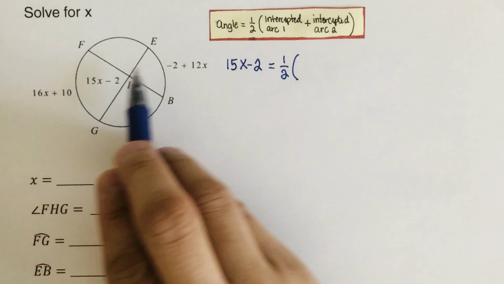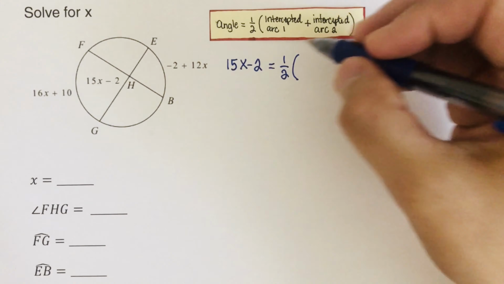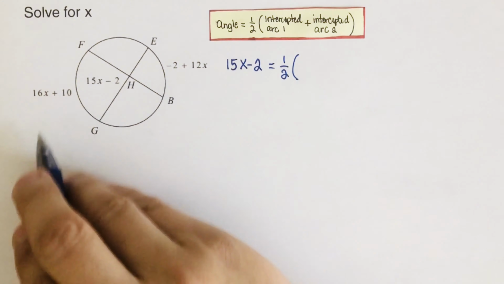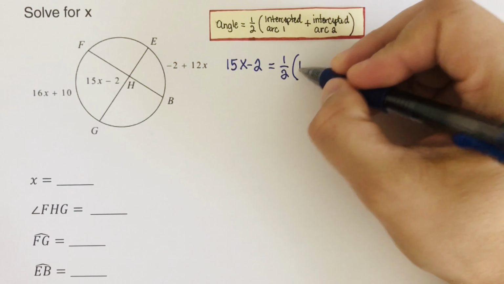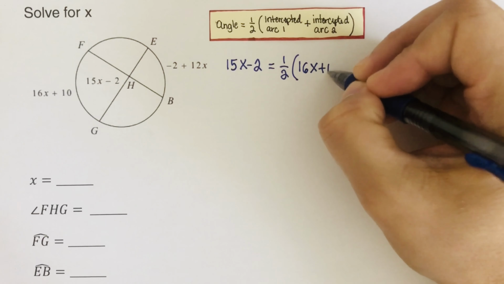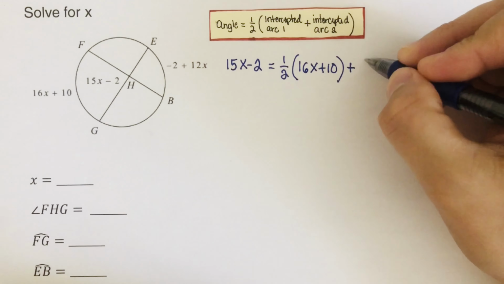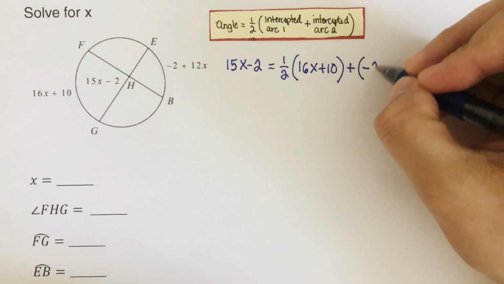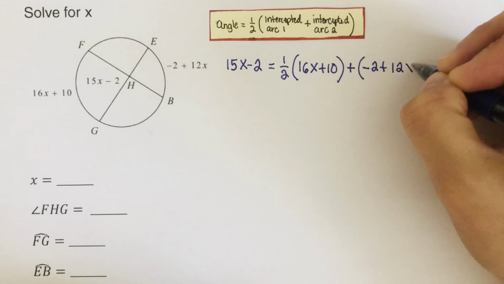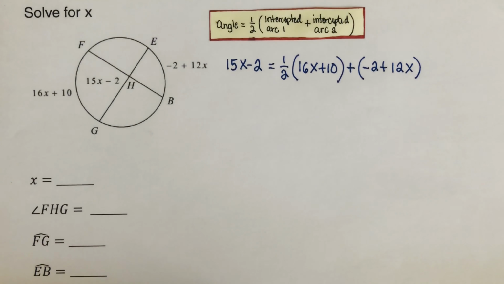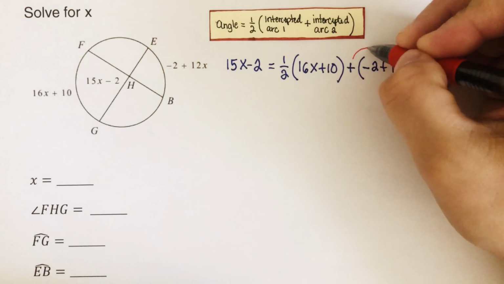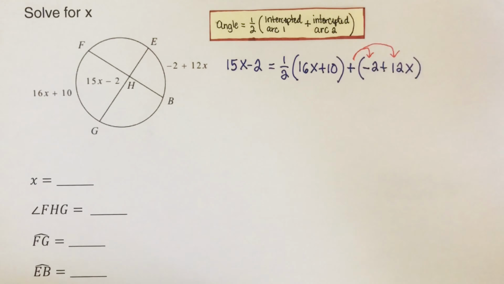Again, it doesn't matter which one we write. But then I'm just going to write the one on the left first and go to the other one on the right. So that would be 16x plus 10. And then the other, so I'm going to add to it the other one, which is negative 2 plus 12x. So then from here, I can go ahead and distribute the plus to both terms inside the parentheses.